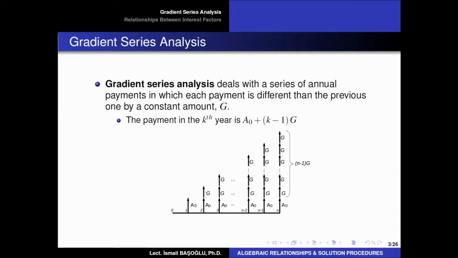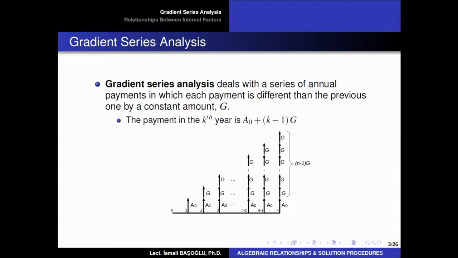So because of that reason, such a gradient series is also practical to observe either in the payment plans developed for loans or credits, or if you are planning a retirement, for example, this can be your retirement payment plan.